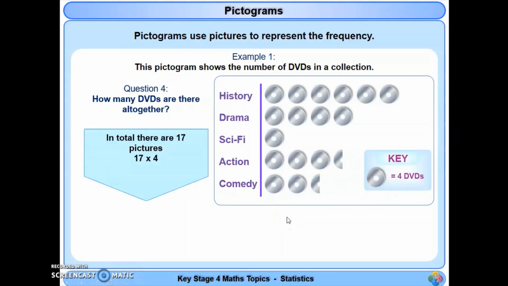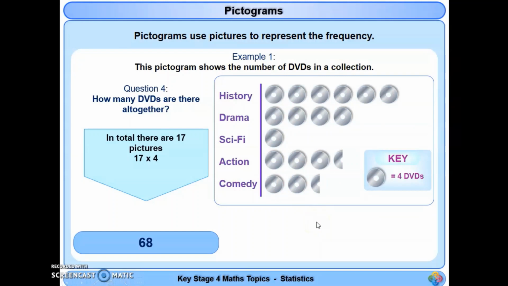So there are 17 discs altogether. We've got 16 full discs plus this half and a half, giving us 17 full discs. Multiply them by 4, basing that on the key. It's going to tell me that there are 68 DVDs represented in this complete pictogram.